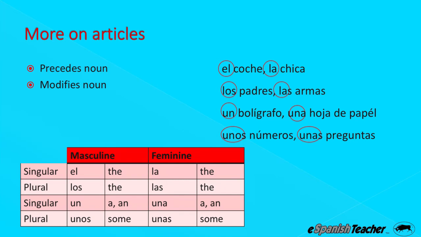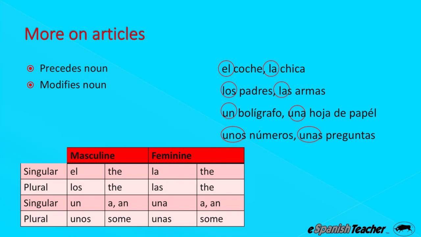In case there was any confusion around what an article is, a lot of people say, "Oh, what's an article? I've never heard of that term." I don't want it to be confusing because it's a simple word. It's the or a or an.